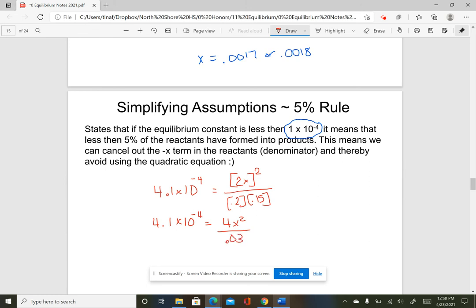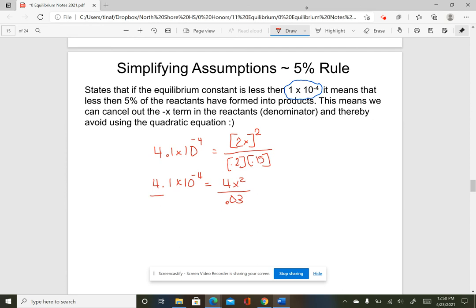Okay. If I throw this over 1 and I cross multiply, 4x squared equals 0.03 times 4.1 times 10 to the negative 4, which is 0.000123. If I divide both sides by 4, I get, still annoying, but not as bad.